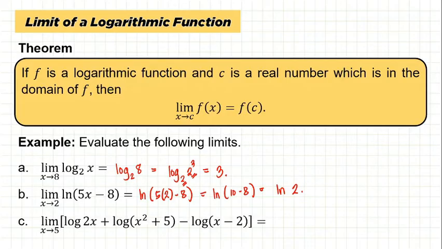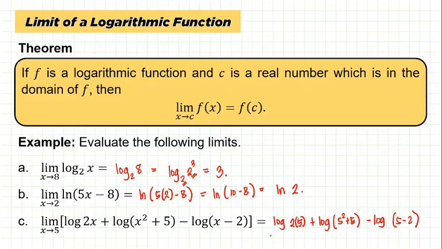Now, for the last one, we have the limit of log of 2x plus log of x squared plus 5 minus log of x minus 2 as x approaches 5. So doing direct substitution, we will have log of 2 times 5 plus log of 5 squared plus 5 minus log of 5 minus 2.